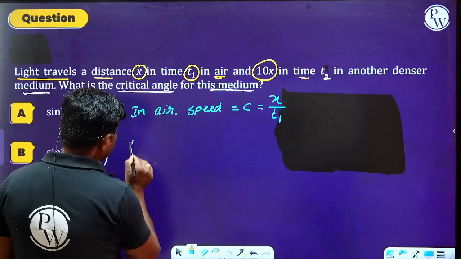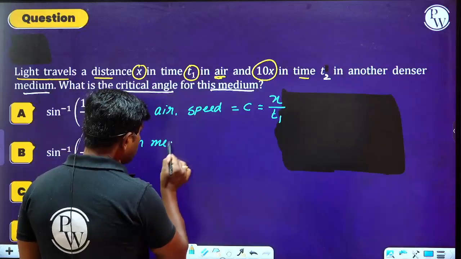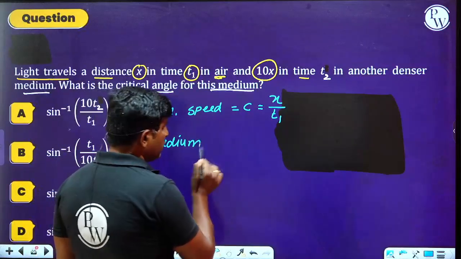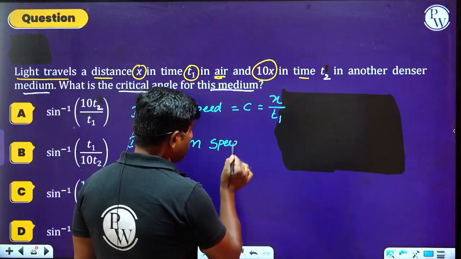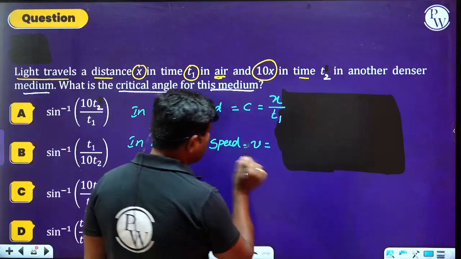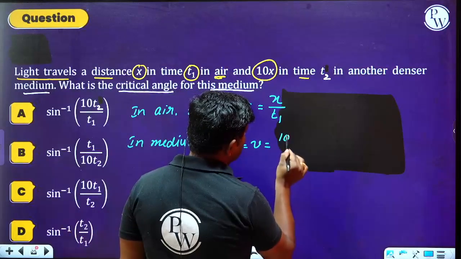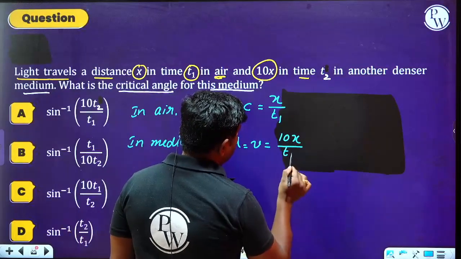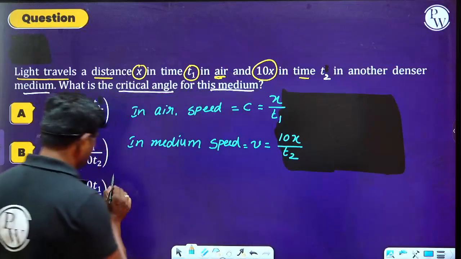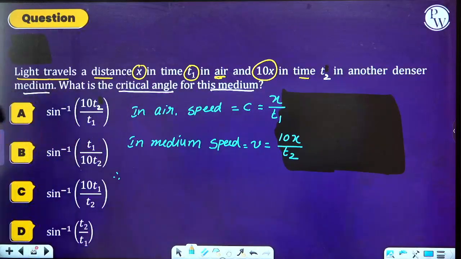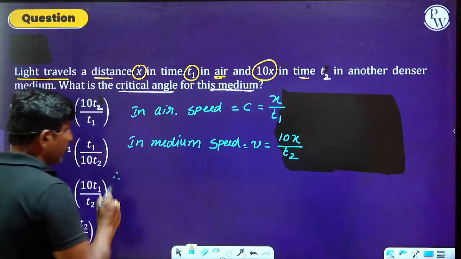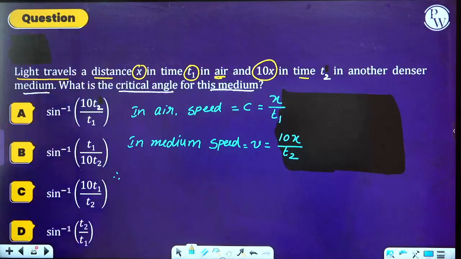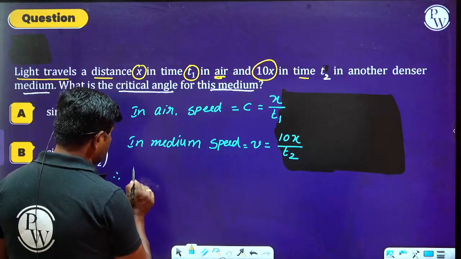Now observe this. In the medium, speed is v, which is equal to the distance traveled, 10x, divided by time t2. Therefore, what is the refractive index? They're asking for the critical angle, so first calculate the refractive index.